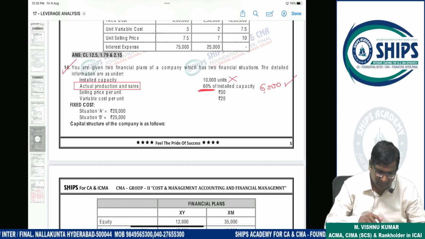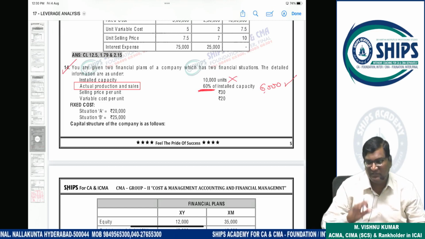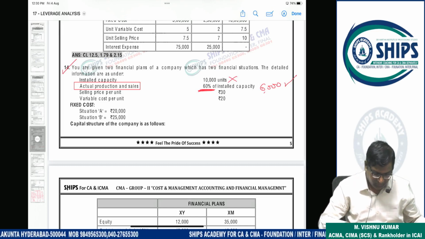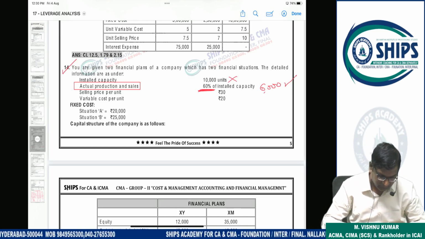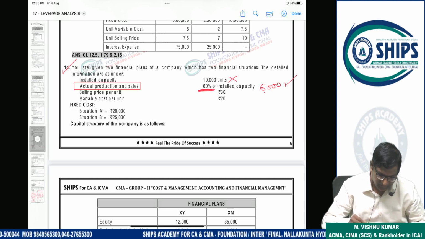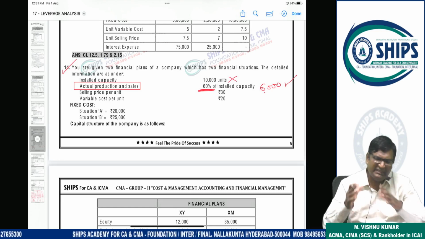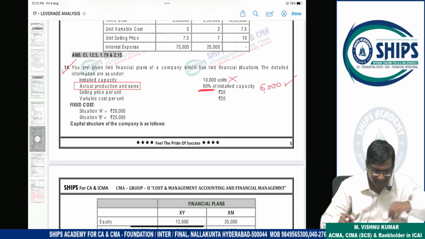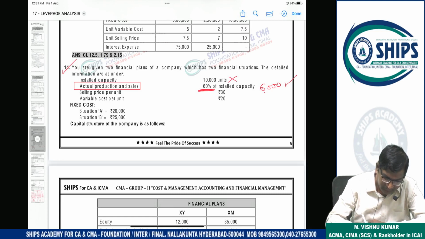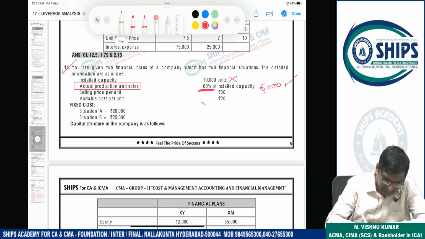तो XY में दो फाइनेंशियल प्लान, XM में दो फाइनेंशियल प्लान. Or you can do it this way also. Situation A, financial plan XY, XM. Situation B, financial plan XY, XM. The answer will be the same. कोई changes नहीं आएगा. But I am calculating financial plan XY.